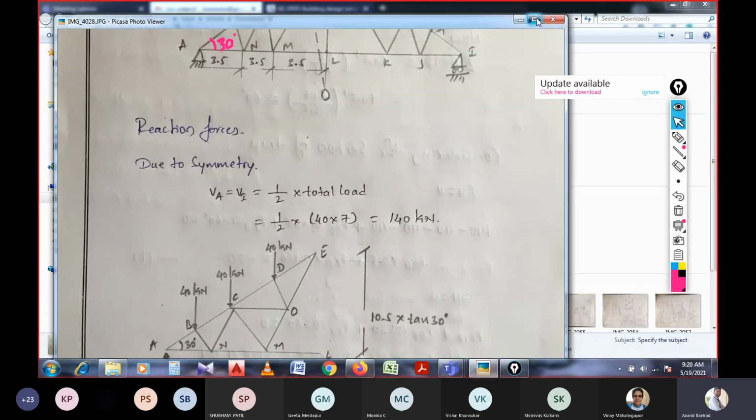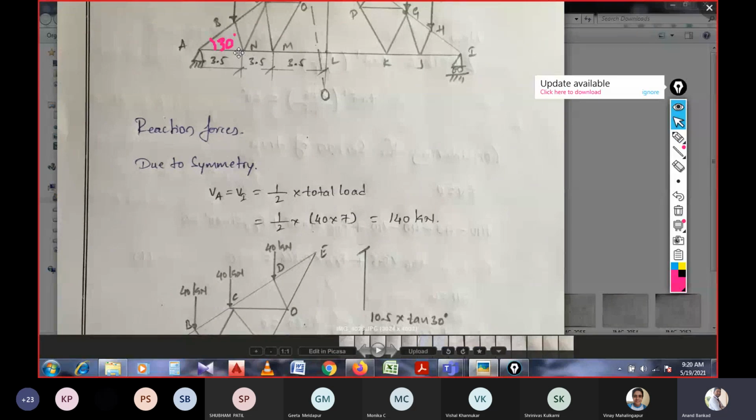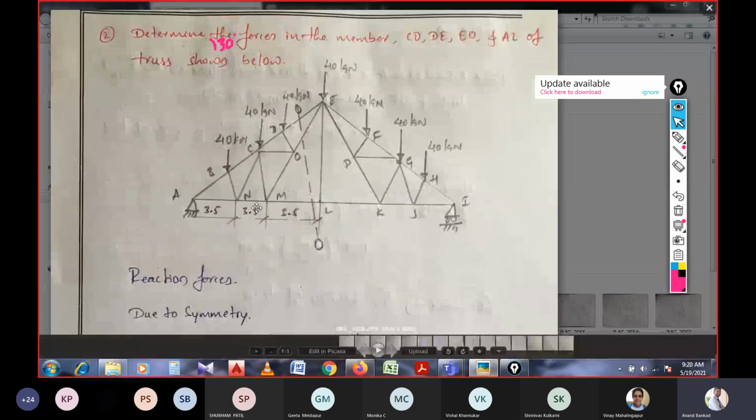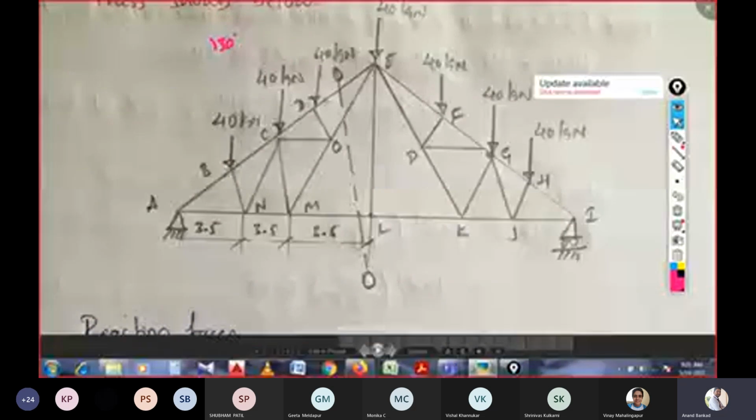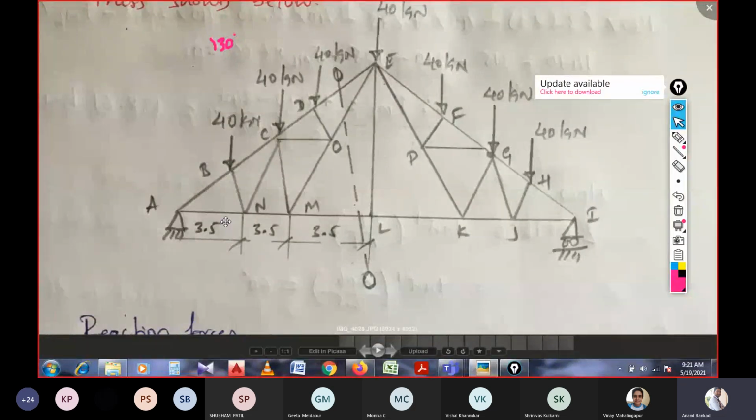The data to be considered is given with a 30 degree angle. The total distances are 3.5 and 3.5, which are equal distances, but the forces acting are not in the same case. If you observe the vertical direction of the load, it will not be at the 3.5 point.